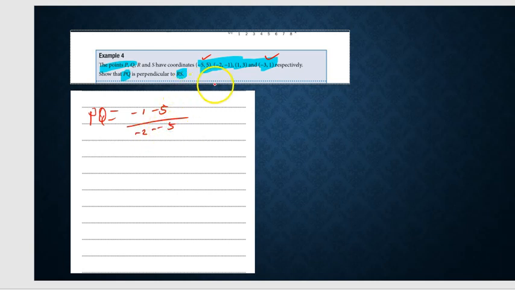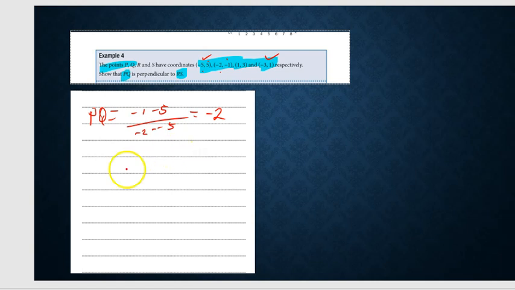Right, because it is y2 minus y1 divided by x2 minus x1. So this is supposed to give us -2. You simplify that.